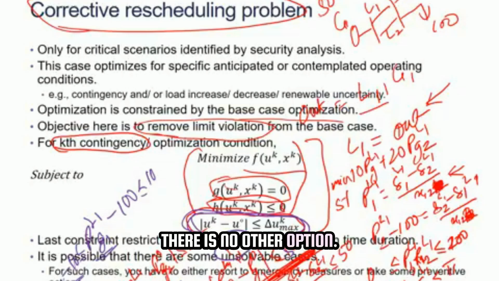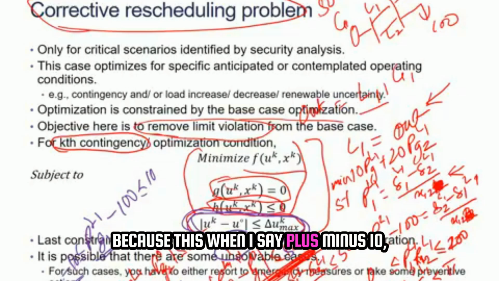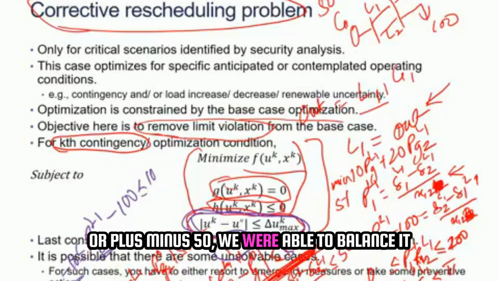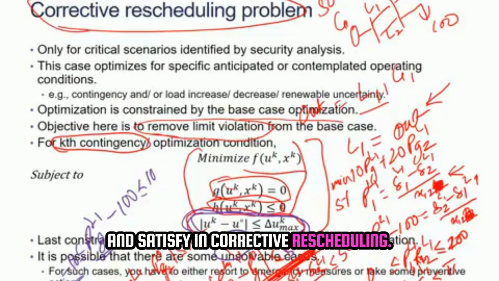There is no other option. When it was plus minus 100 or plus minus 50, we were able to balance it and satisfy the equation in corrective rescheduling.